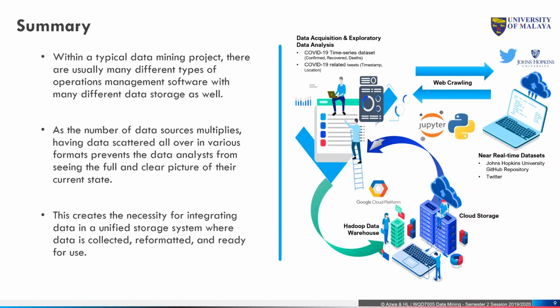So in summary, we would like to demonstrate to you on the diagram here on the right how we have acquired the data from various different sites. The CSV file acquired from the Johns Hopkins University, which is stored in the GitHub link, as we have shown in the code earlier.